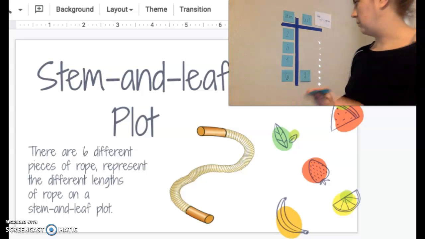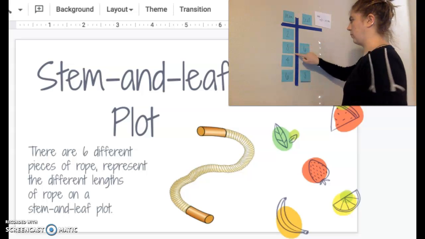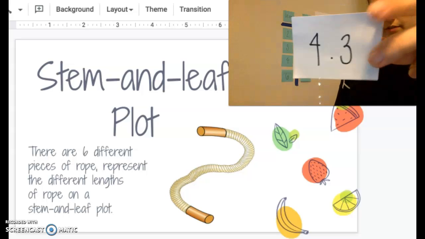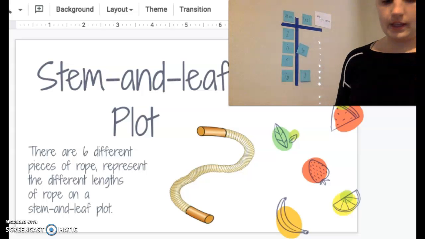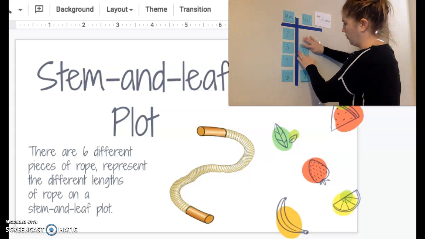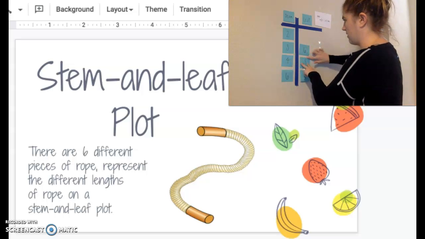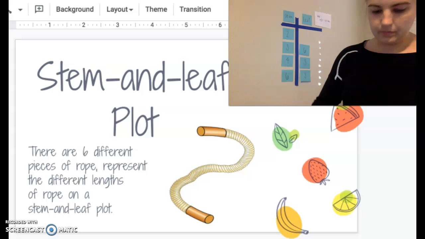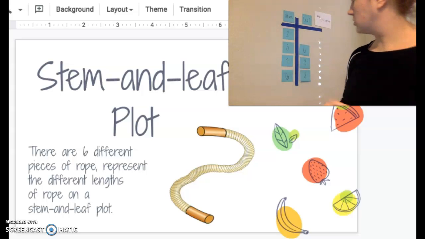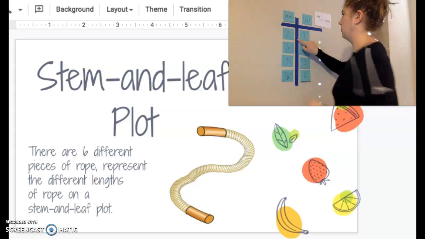We're going to go ahead and put that next to the 3 to represent 3.6 feet. Next, we have 4.3. This will be represented by placing the 3 next to the 4 to represent 4.3 feet. We have 2.7, which will be placed next to the 2 on the stem and leaf plot to represent 2.7.